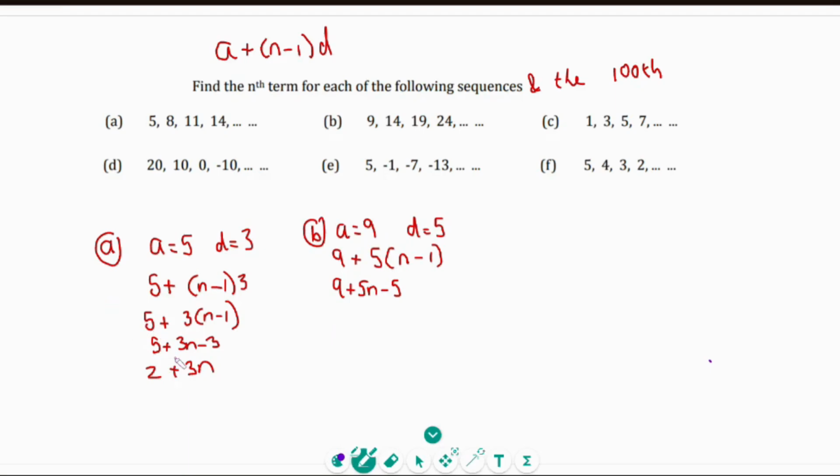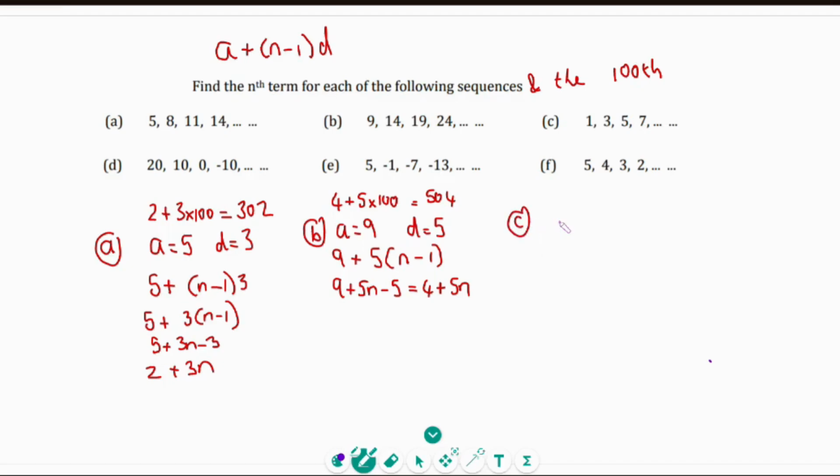Sorry. So for A, it's 2 plus 3 times 100, which is 302. For B, 4 plus 5n, and 100th term, 4 plus 5 times 100, because I'm replacing n for 100, 504.